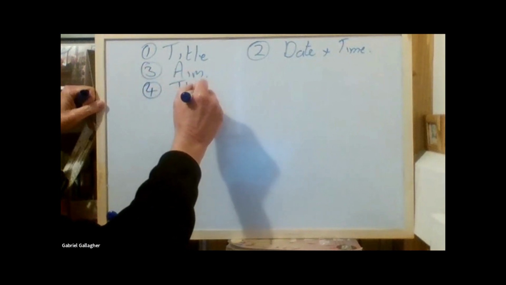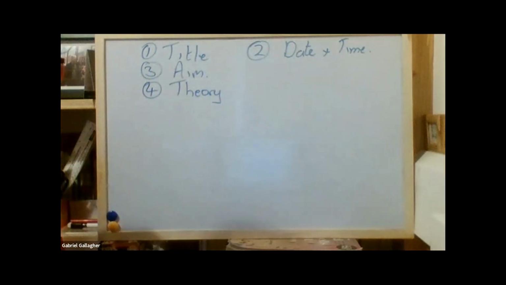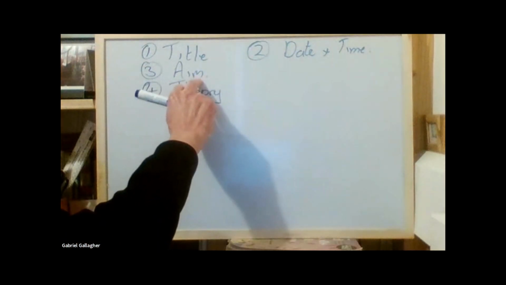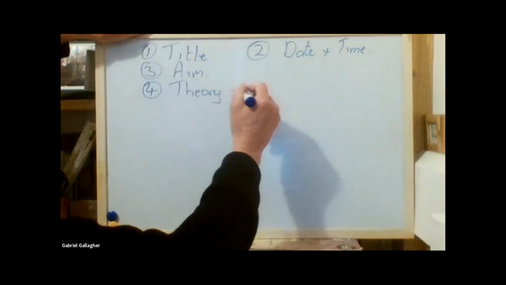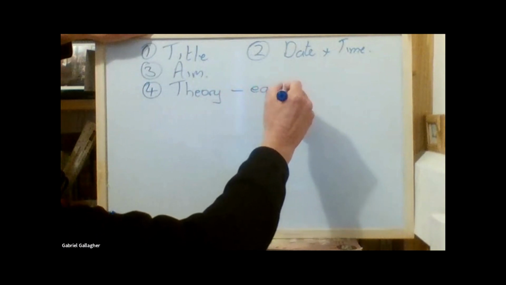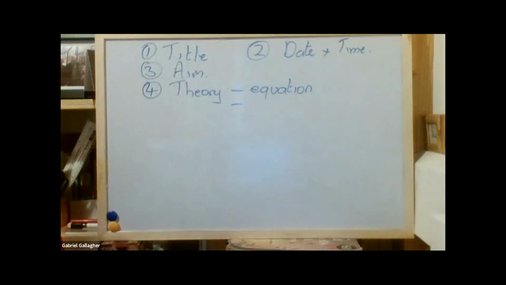Now, how you're going to find it is really what the theory section is about. I've already said to you that every calculation in physics requires an equation. And so if we're going to calculate some answer to find, say, the acceleration due to gravity, we need to know what equation we're using. So in the theory section, you state the equation, and also you're writing the report so that somebody understands what you're doing.